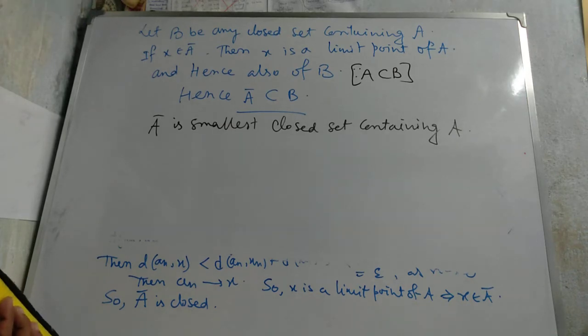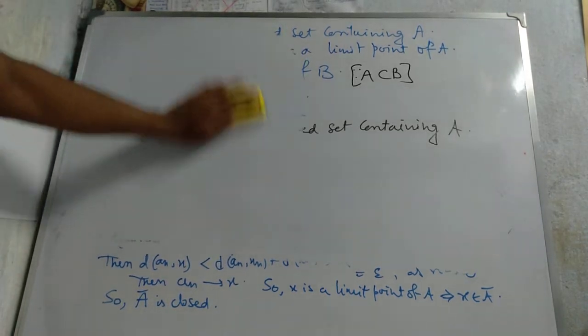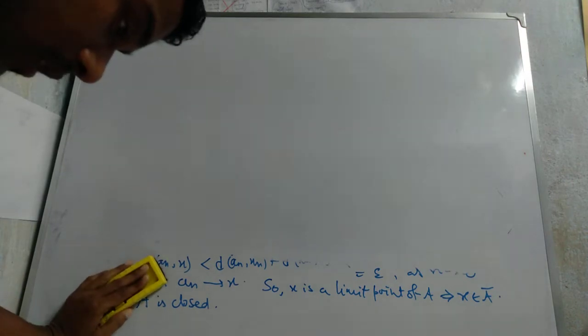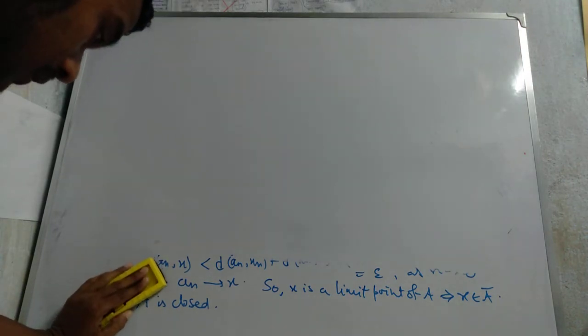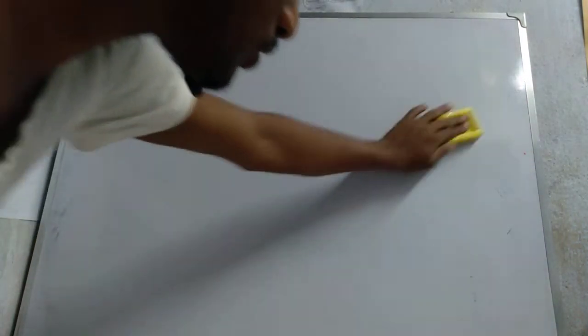Now we know that A closure is the smallest closed set containing A, and we have proved this. Now we show further that in a metric space, the closure of the open ball B(x, r) is a subset of the closed ball B[x, r]. The question is whether in a metric space this closure of B(x, r) equals the closed ball.